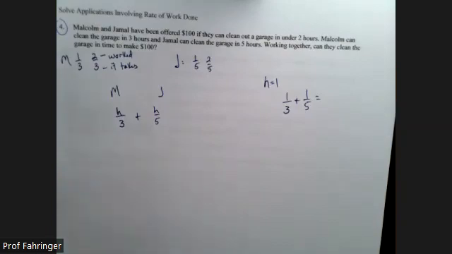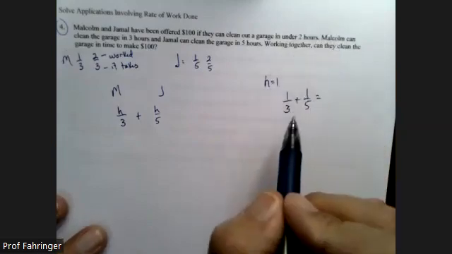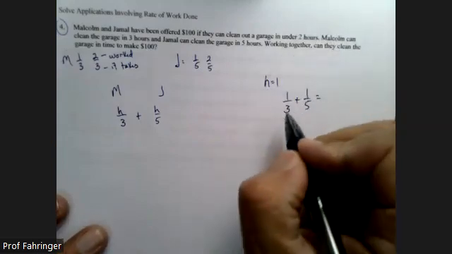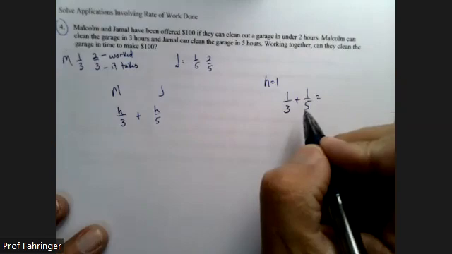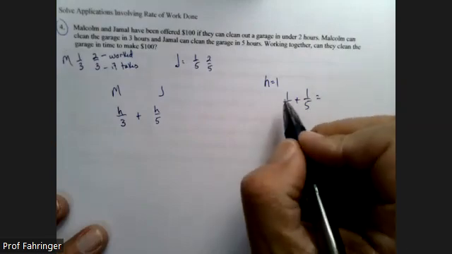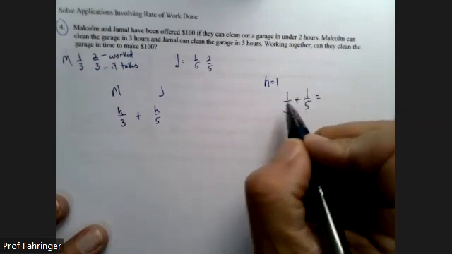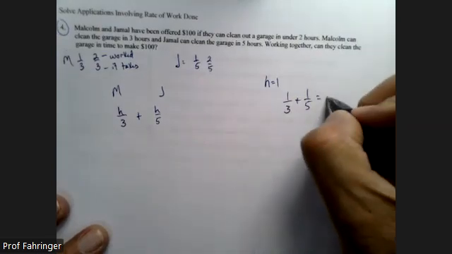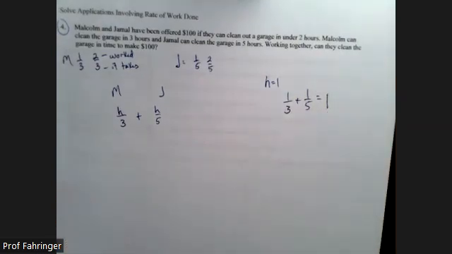Are there 2 garages? Not 1 garage, 2 hours. Yeah, it's 1 garage. We're not worried about up here yet. There's only 1 garage. So if he cleans 1/3 of it and he cleans 1/5 of it, it's not totally done. I need him to do a portion and him to do a portion so that the whole job is done.